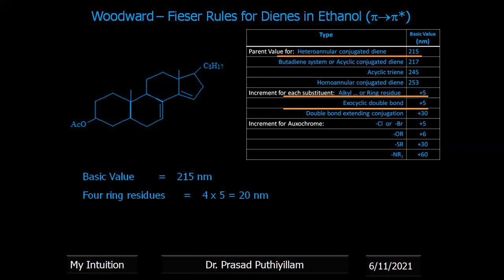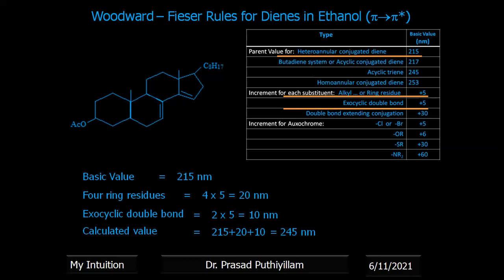I think 2 exocyclic double bonds are there. To this ring, a double bond is exocyclic, another double bond is exocyclic. Therefore, 2 exocyclic double bonds are present. Therefore, the calculated value is 215 plus 20 plus 10, 245.